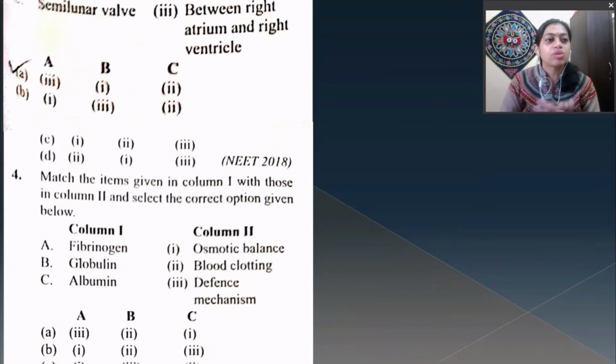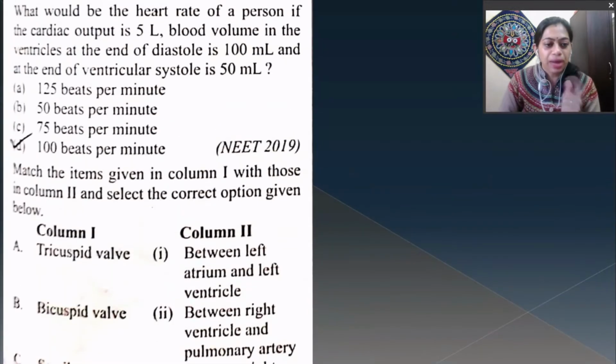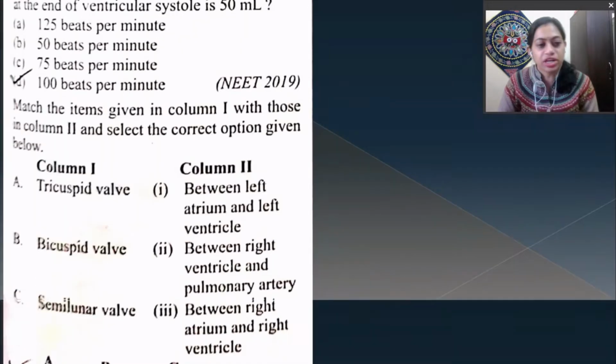So the right option will be A. That means A will be 3. That means tricuspid valve is between right atrium and right ventricle. Number 2, that means bicuspid valve is between left atrium and left ventricle, and semilunar valve between right ventricle and pulmonary artery.